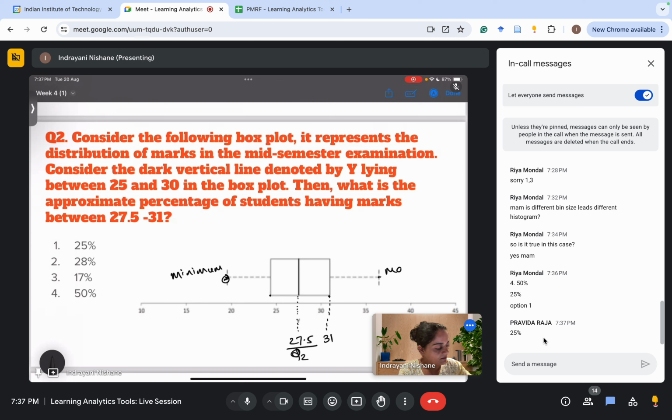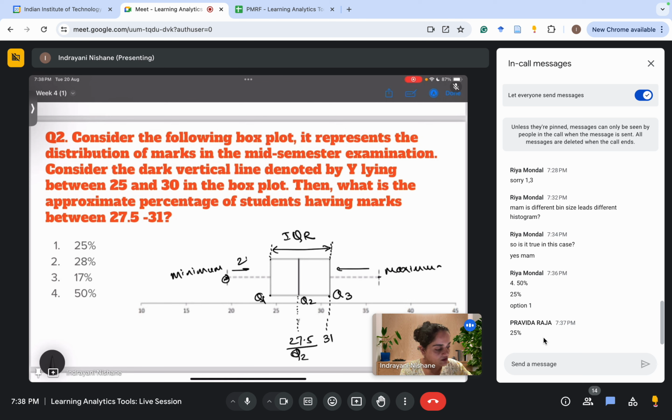This will be the maximum. This will be Q3, Q1 and Q2. Am I correct? And what is included in this box? What is the main word for this? Interquartile range. Yes, between the first quarter and the last quarter. That's why it is called IQR or interquartile range.